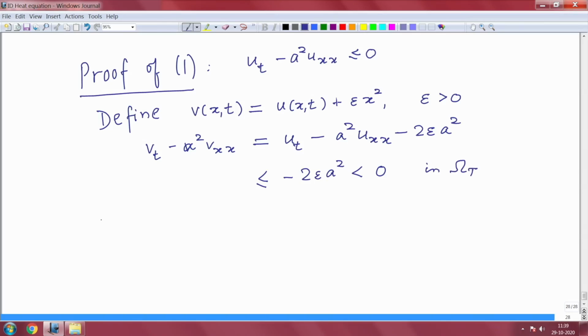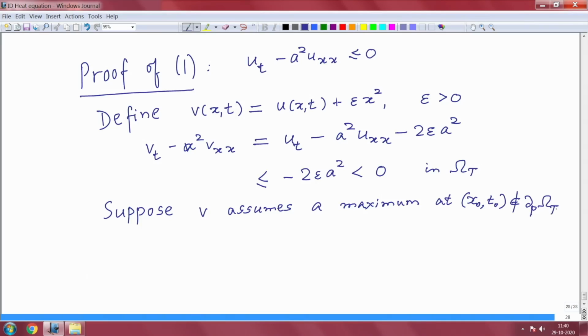So, now suppose v assumes a maximum at x0 t0 that does not belong to the parabolic boundary.